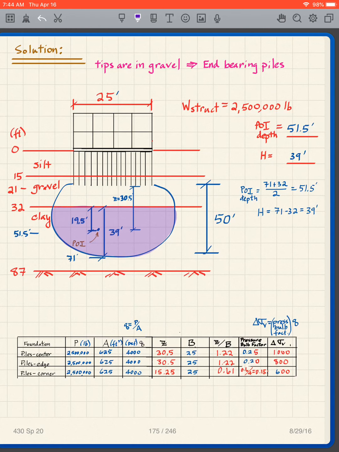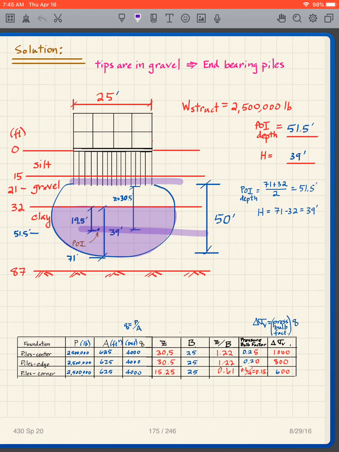Now the Z is different because we are going to have our Z measured from the pile tips to our point of interest. So for the center and the edge, using our methodology, it's 30.5 feet, being 51.5 minus 21.